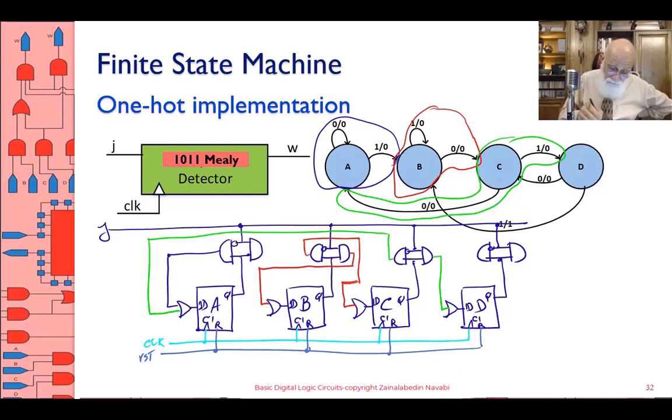Okay, state D. A 1 takes me to B. I have to find a nice way into B. I go from the bottom.